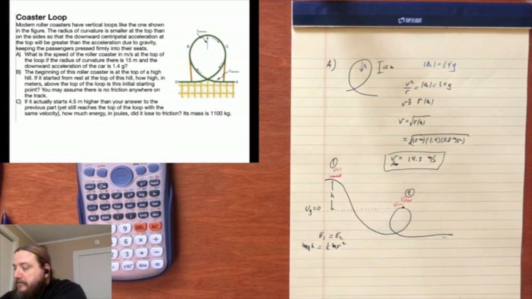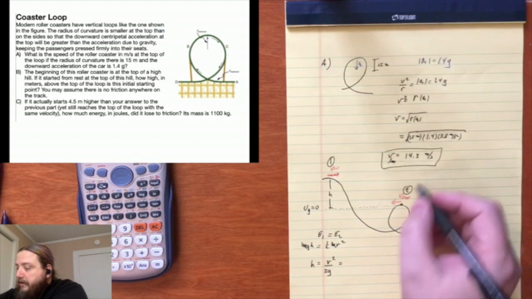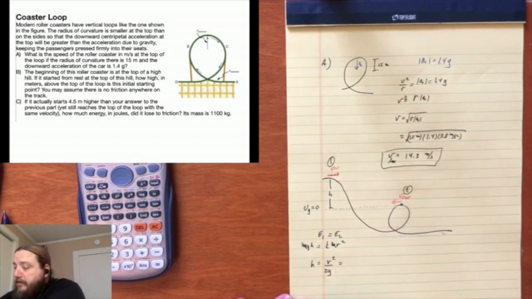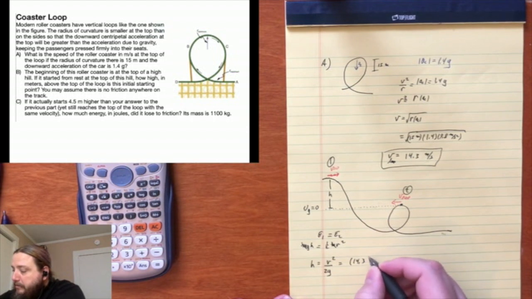Again, the masses cancel out. And this time we're looking for the height. So that's going to be v squared over 2g. For the velocity, we just put in the velocity we calculated for part A, 14.3 meters per second, squared.